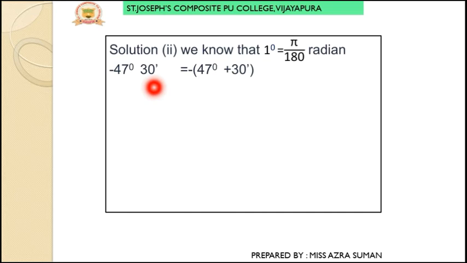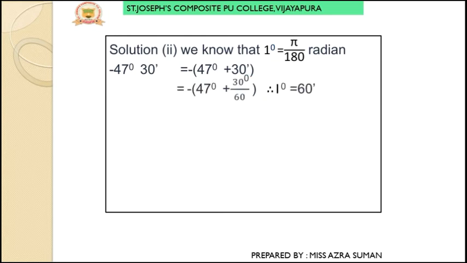And one more thing, this is not minus 47 degree into 30 minutes, but it is minus 47 degree plus 30 minutes, because when we say 1 hour 20 minutes, it means 1 hour plus 20 minutes. It's not like 1 hour into 20 minutes. So it is absolutely wrong. So this can be written as minus of 47 degree plus 30 minutes.